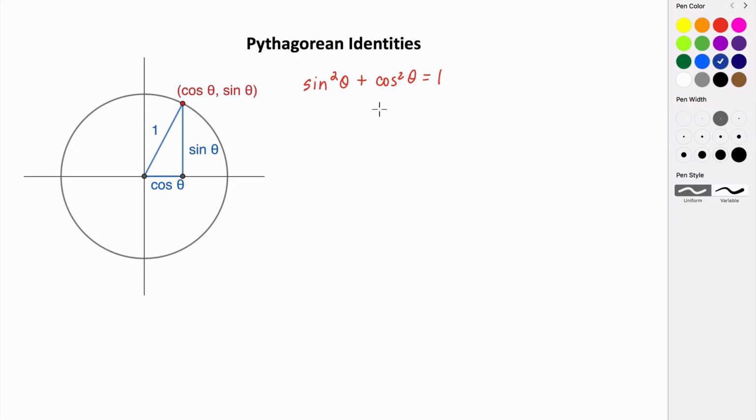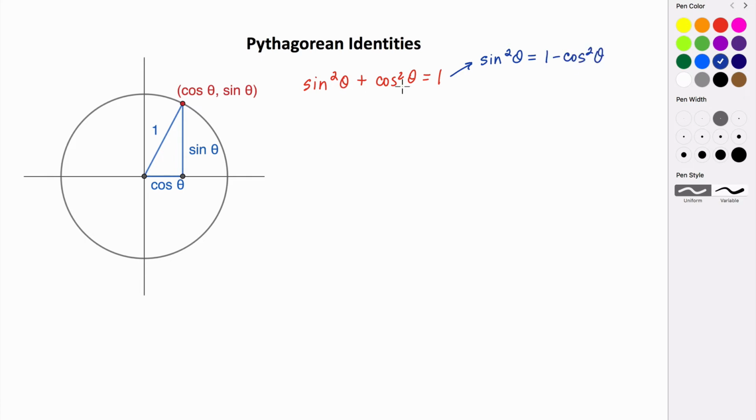So this is pretty powerful because it says if you have the sine squared and the cosine squared, and we're taking the sum of them, then it just sums to be 1. But we can also isolate this in terms of sine and cosine. So if I wanted to isolate my sine squared, I could subtract cosine squared from both sides, and I would have that the sine squared of theta equals 1 minus the cosine squared of theta.